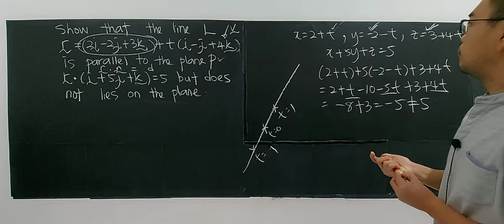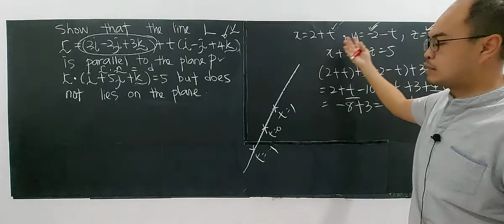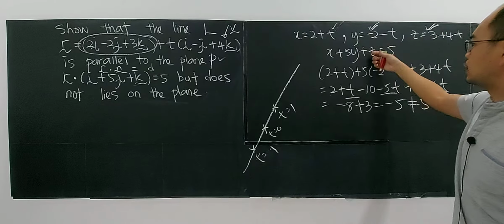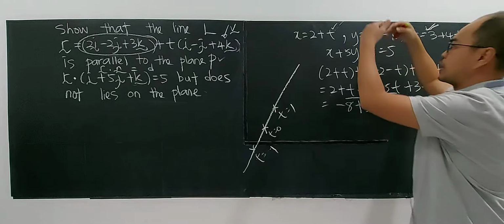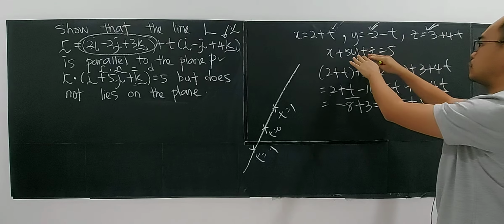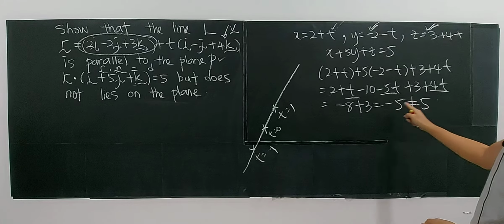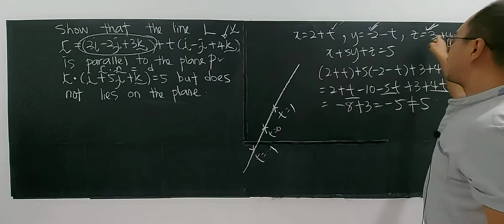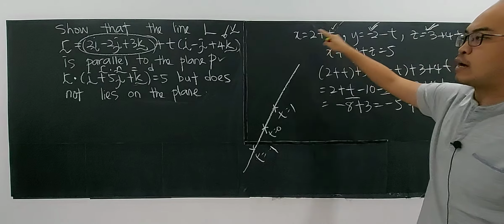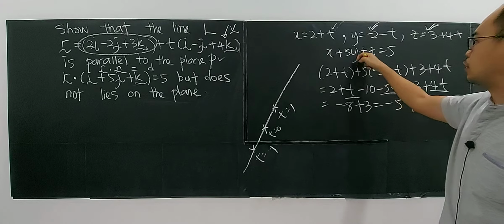So now, based on this, I assume that t can be any value, and I substitute this into the equation. It means that if I use any value and substitute it into this equation, I cannot get 5, I get -5. It means that for any value of t, all values of t, this line does not satisfy the equation of the plane.